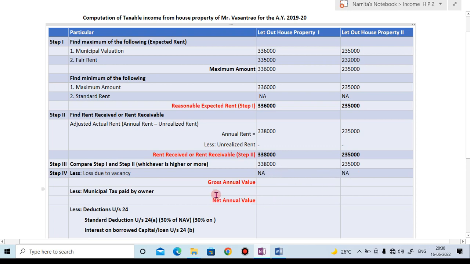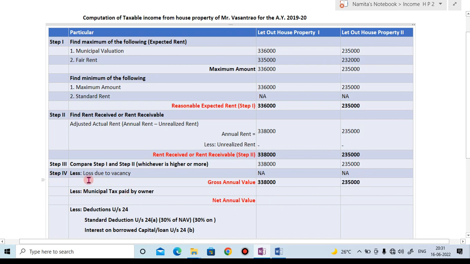Okay, now next is what? Gross annual value. Hence there is no loss due to vacancy, so our gross annual value for house number 1 is 3,38,000, and for house number 2 gross annual value will be 2,35,000.